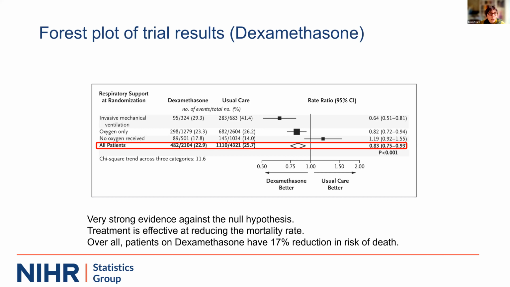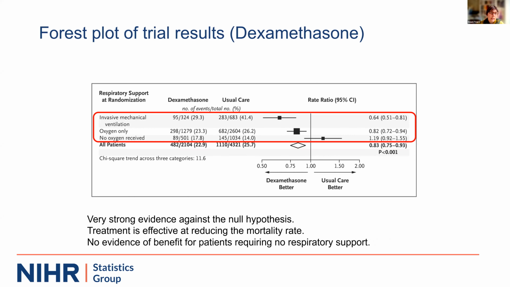However, when they went on to look at the subgroup analysis of these patients, they split the patients by those who needed invasive mechanical ventilation or oxygen only, so they needed respiratory support. They found quite an interesting pattern, and there appeared to be a much stronger benefit in the patients that were more severely affected. So if you look at the results here, these are now the subgroups of all patients below.